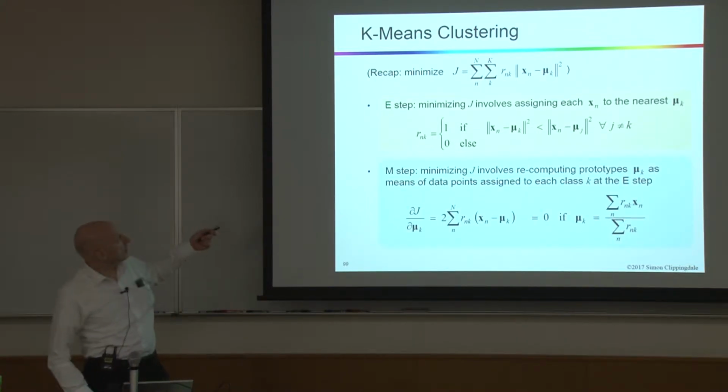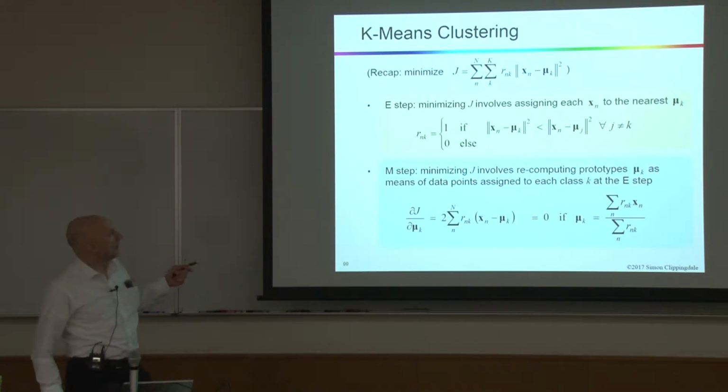Okay, so the E step involves minimizing this thing, which, if you follow through the maths, involves assigning each sample to the nearest, the shortest distance class. That looks like that mathematically.